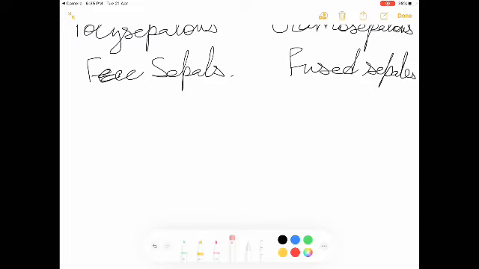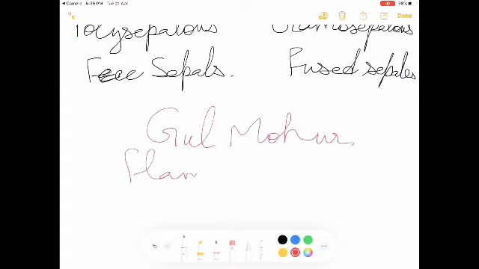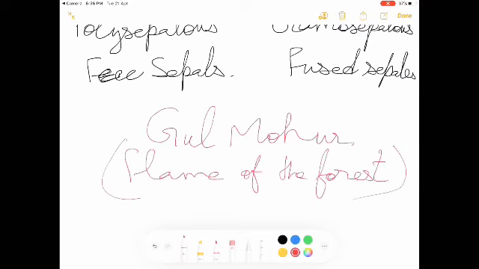A very good example is gulmohar, which has a very red color, and its common name is flame of the forest. These flowers are very beautiful, but whatever reddish part you are seeing is not the corolla, it is basically sepals, or we call them petaloid.